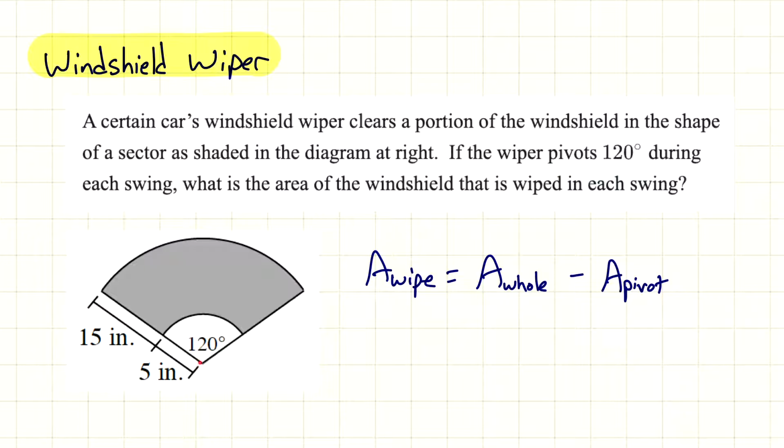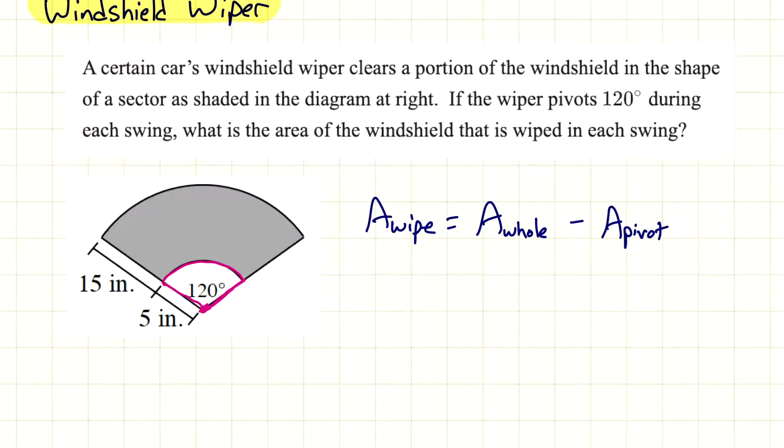Maybe it'll remind us where it's coming from. So this portion we'll say is the pivot area. If I want to know the area of the actual wipe, the shaded region, I would find the area of the whole piece and subtract this pivot area. Or it might be like the bite, the portion that you ate out of the slice of pizza. All right, so now we have a formula to work with.